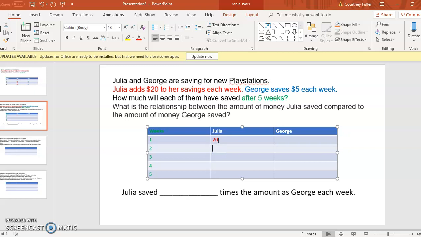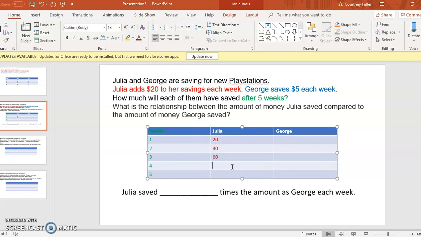So 20 plus 20 equals 40. You got it. And then week 3, she had that 40, but she saved another $20. So 40 plus 20 equals 60. Nailed it.